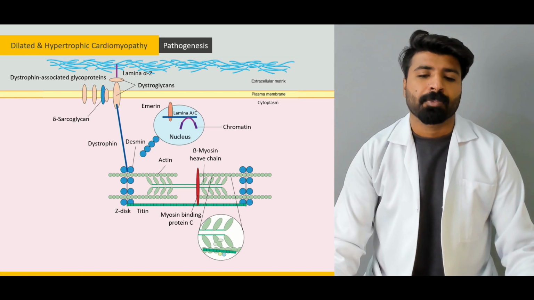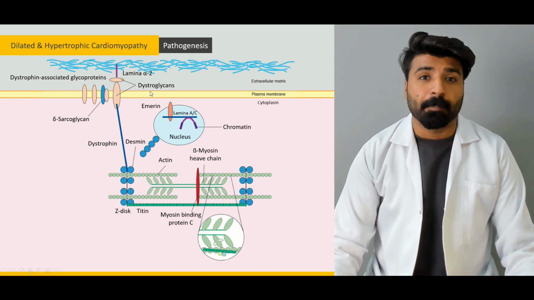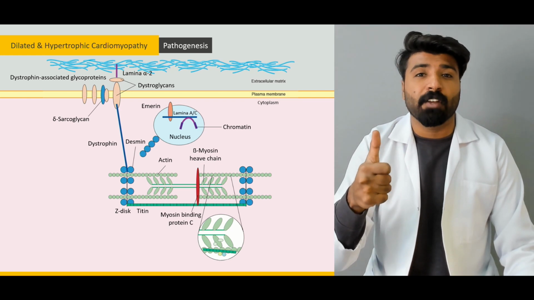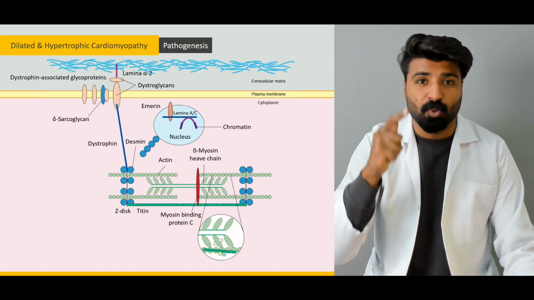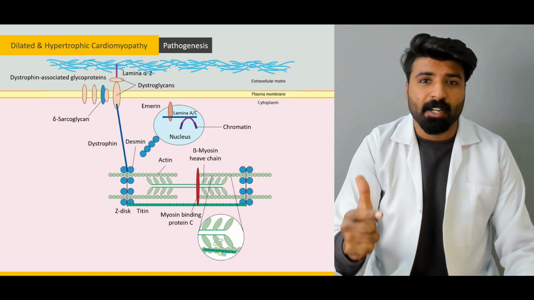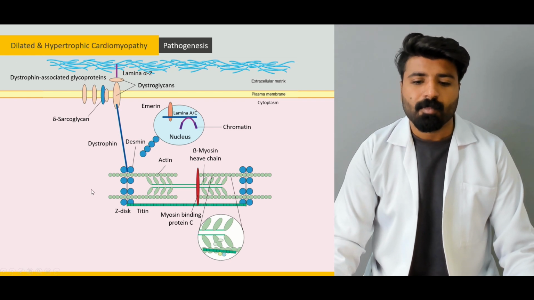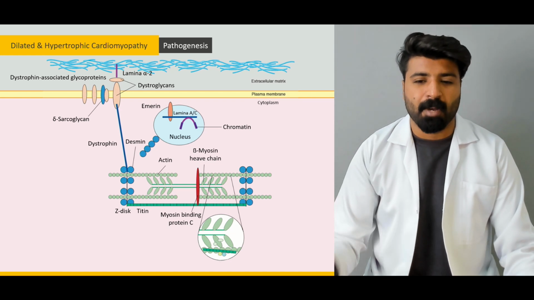On the other hand, those genes which are coding for cytoskeletal proteins, or those genes which code for those structures which embed these cytoskeletal proteins, when they get mutated, they will lead to only dilated cardiomyopathy. And when these genes which code for actin, myosin binding protein C, myosin binding heavy chain get affected, they will lead to hypertrophic cardiomyopathy.